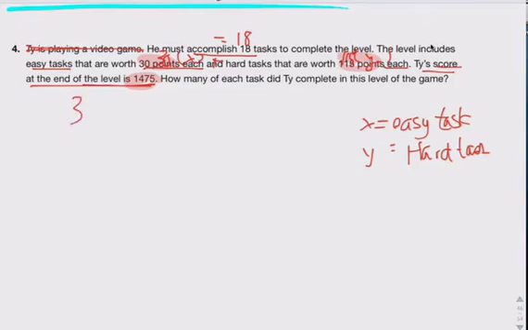Okay, so 30x plus 115y, these are points. Ty's score at the end of the level is this much.